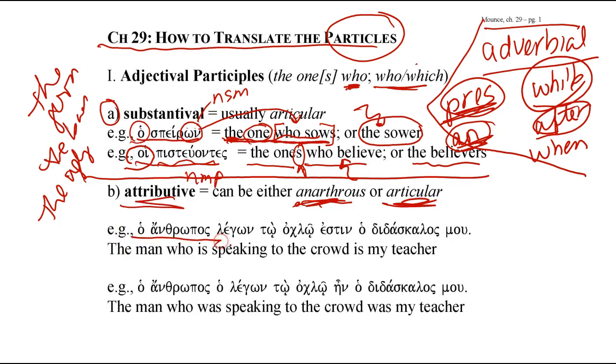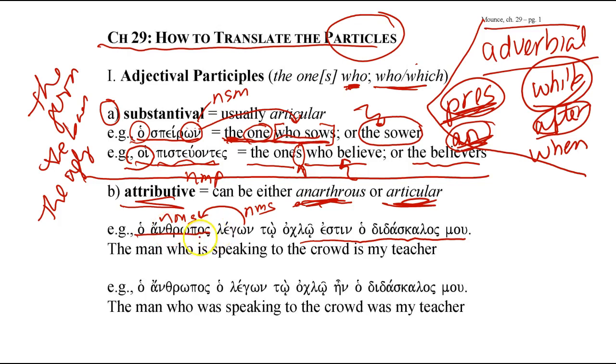Ho anthropos legon to ochlo estin ho didaskalos mou. All right. So the man, and then you have legon. And notice that this is nominative masculine singular. Man is nominative masculine singular. Legon is probably modifying anthropos.